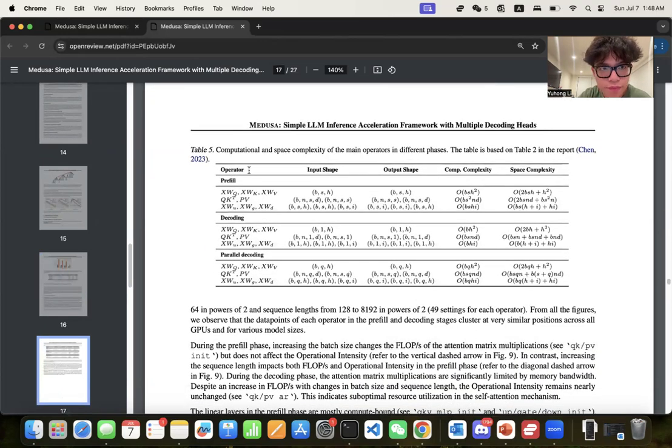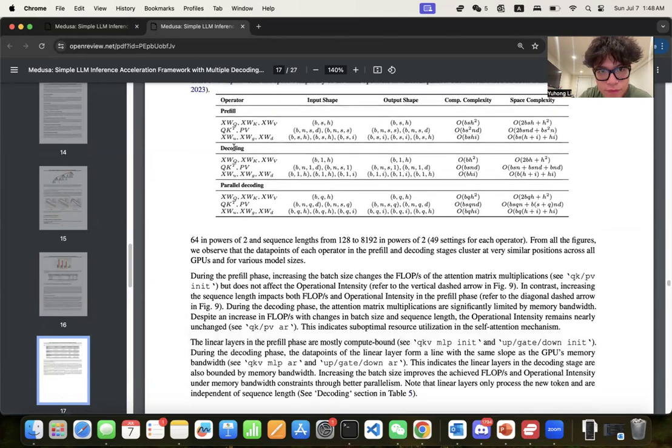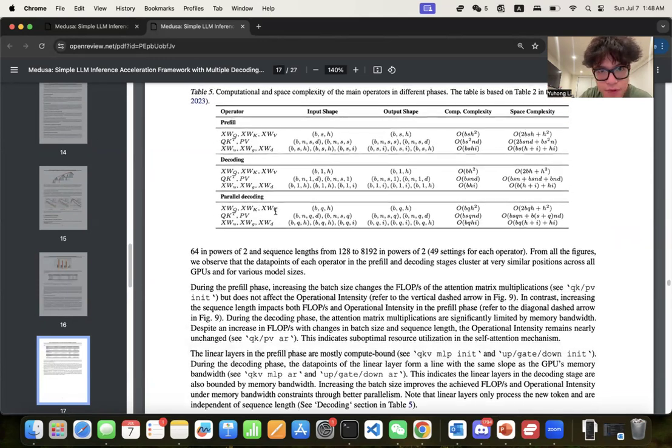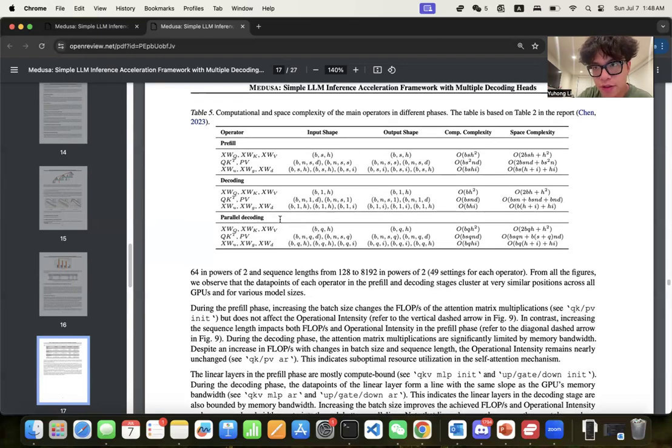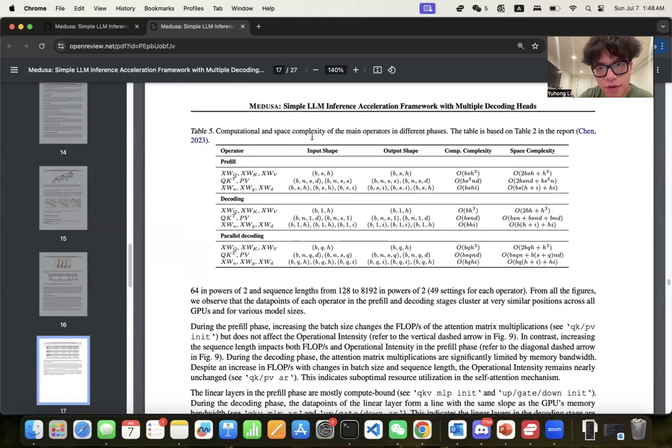So here we have the calculation of each operator, the computation-heavy operators, basically the linear layers and attention layers in the LLM.